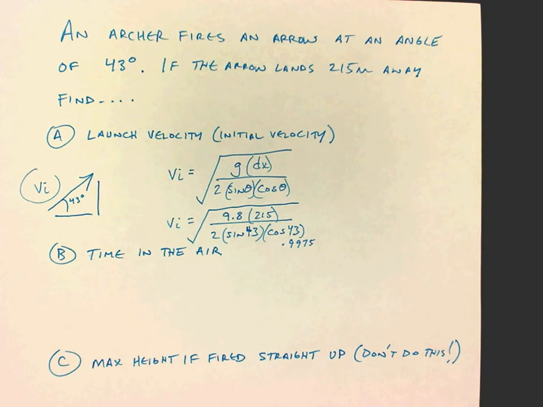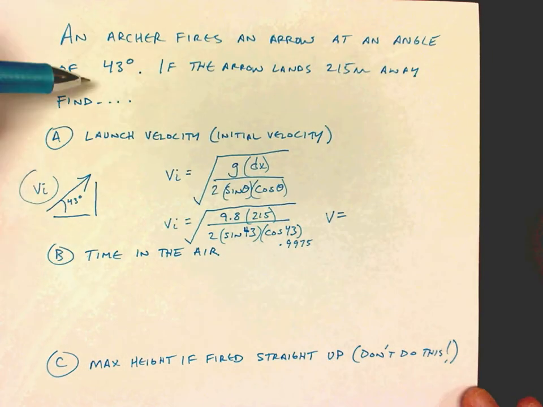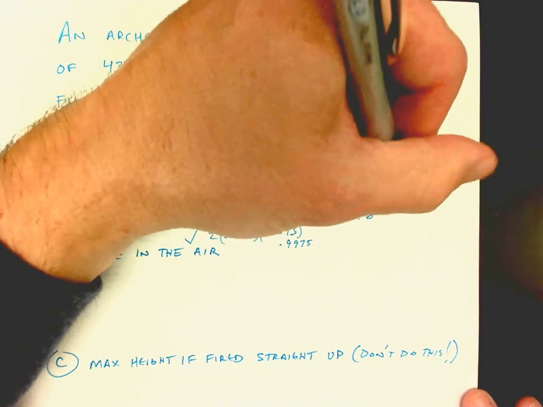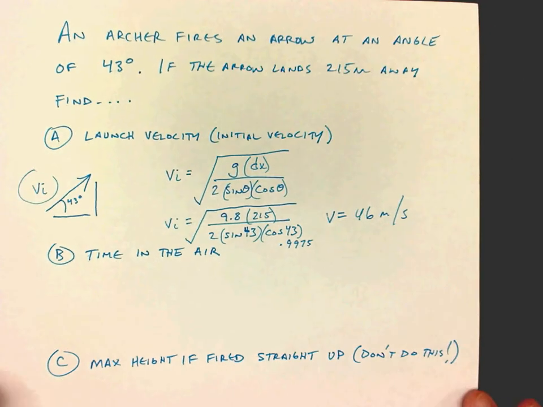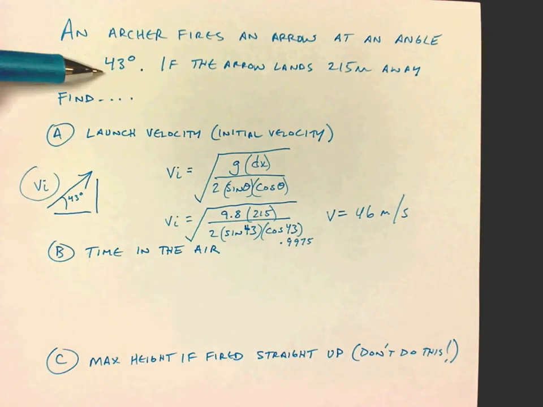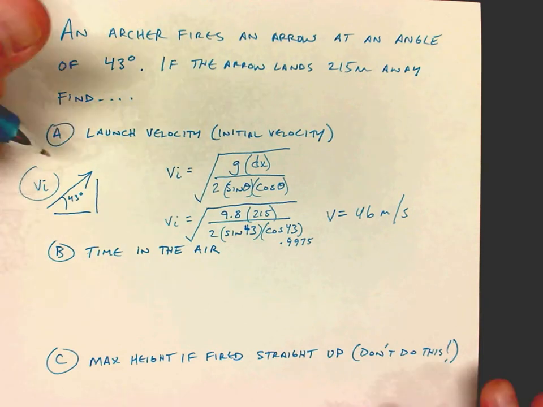So I'm getting a Vi, assuming we go back to 2 sigs, we're going to get a launch velocity here of 46 meters per second. So if everything went right, you entered that into your calculator right, going back to 2 sigs based on that angle, launch velocity of 46 meters per second. So that's part A. Just using that specialty equation, we now know that this is, I'll go ahead and write it on, 46 meters per second.